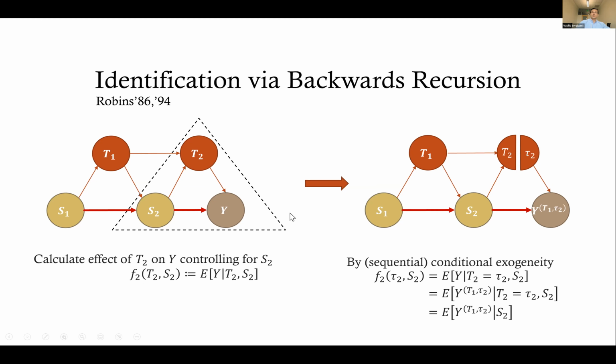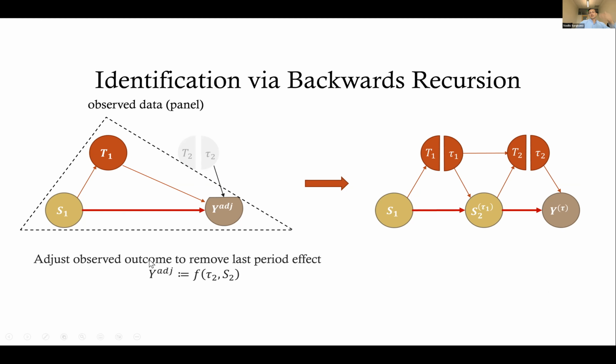So now, once we do that, if we redefine our outcome to be this adjusted outcome, where we simply impute as an outcome the evaluation of that function f at tau2, at the intervention that we care about in the second period, then it's as if we remove that second period treatment from the equation.